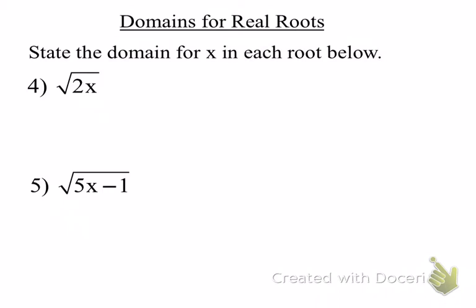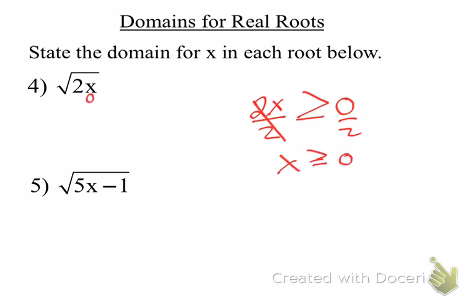Yeah. So, again, we're doing the same thing. We set what's under the radical greater than or equal to 0, because anything less than 0 is a negative. So I take what's under the radical and set it greater than or equal to 0. Divide by 2, divide by 2. X is greater than or equal to 0.